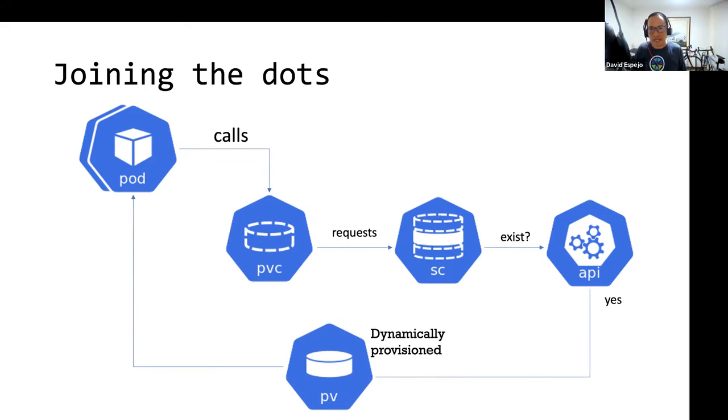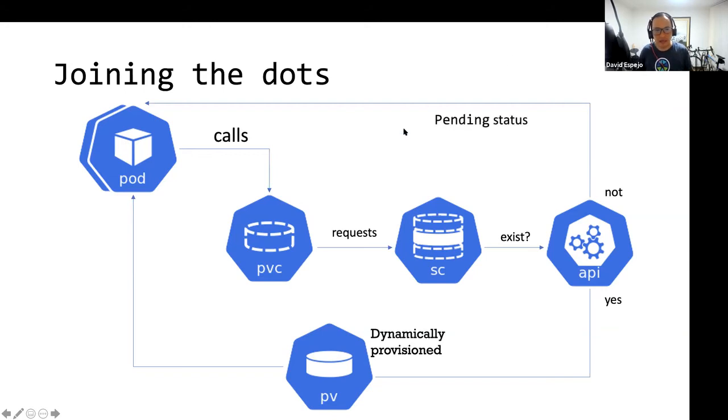But if the storage class doesn't exist yet, the API server will report a pod status that is called pending. That's the pending status. And one of the most common reasons is that it's calling a volume, or asking for a storage subsystem, that is not created yet, right?